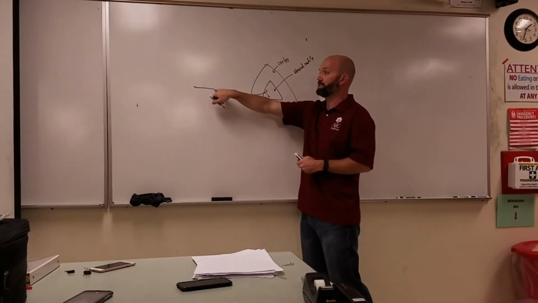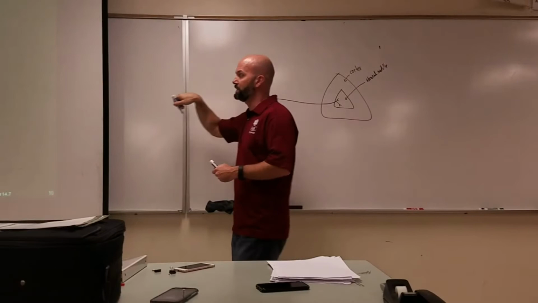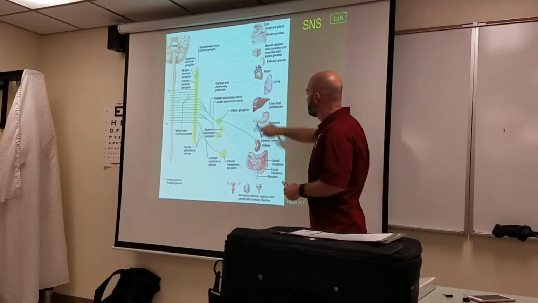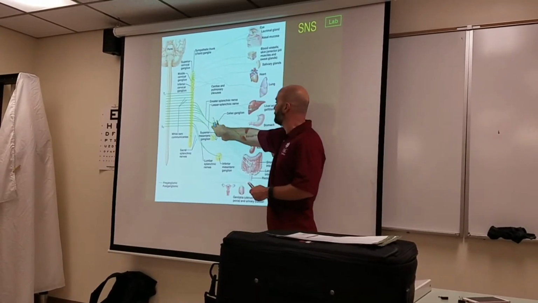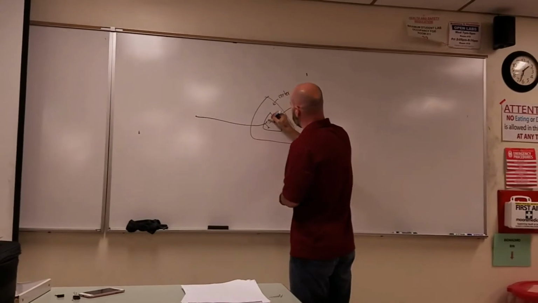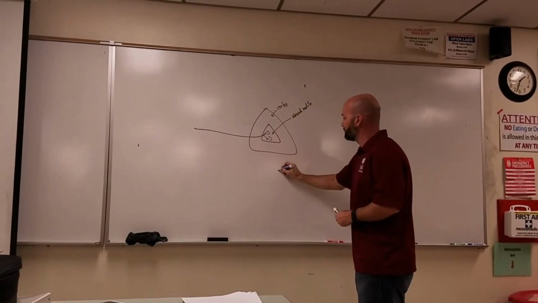Which makes sense because these are pre, right? That dark green one that goes all the way from the cord to the adrenal gland. Right here. That's one long preganglionic. These modified postganglionic neurons are called chromaffin cells.